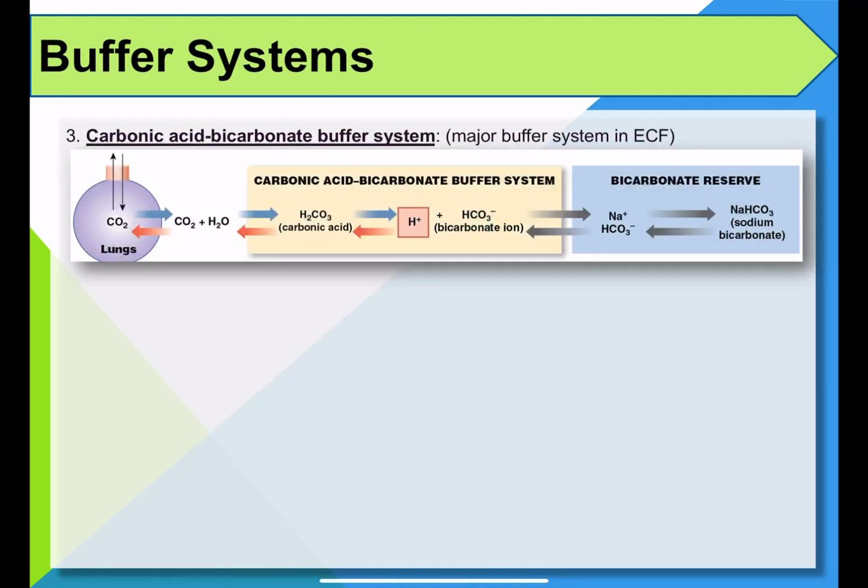Lastly, the third buffer system is our infamous carbonic acid bicarbonate buffer system, which is the major buffer system for our ECF. Remember, the major buffer system for ICF was the phosphate buffer system. For ECF, it is the carbonic acid bicarbonate buffer system, and we already know the equation for this, where carbon dioxide and water will combine to make carbonic acid, and carbonic acid will dissociate into hydrogen ions and bicarbonate ions.